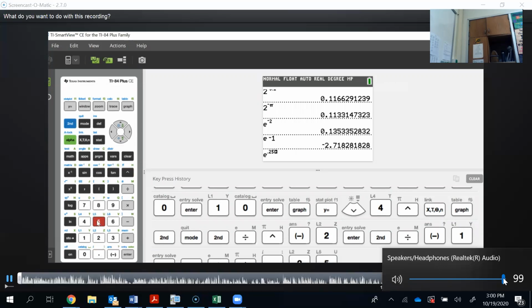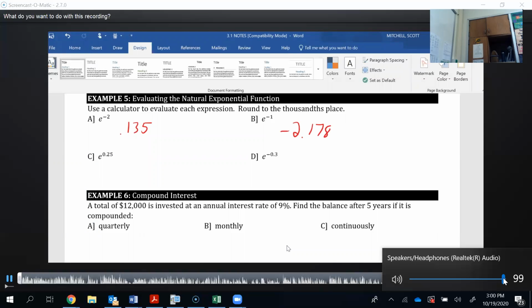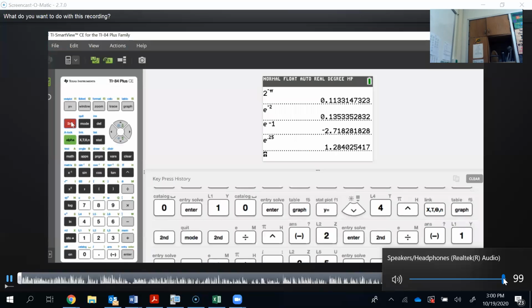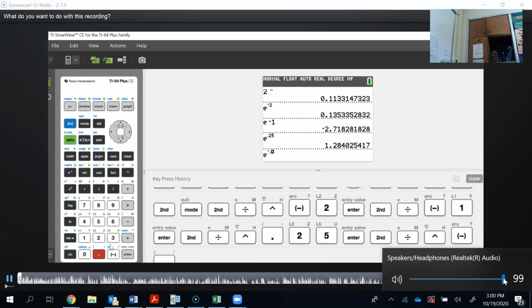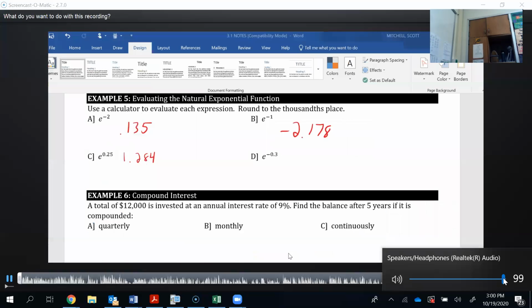To the 0.25. 1.284. And then e to the -0.3. 0.741. So that's calculator computations.